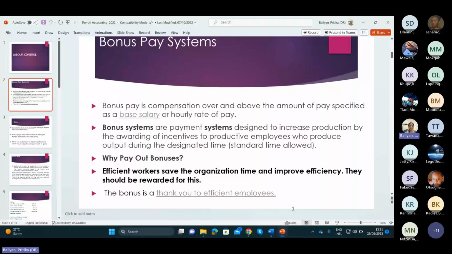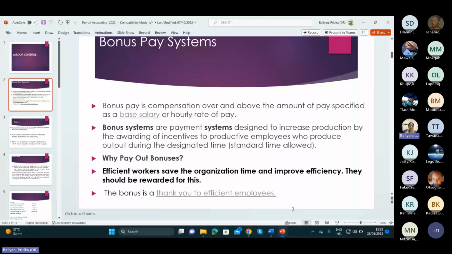So that's why, based on the weaknesses of the time rate system and piece rate system, to minimize the weaknesses of both of them, a new system has been introduced, which is known as the bonus system. Under the bonus system, the efficient workers save the organization's time because they produce more than the expected work.